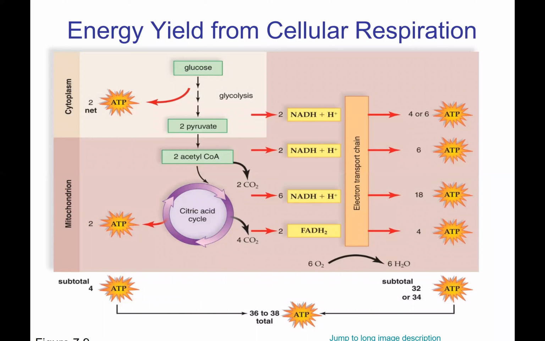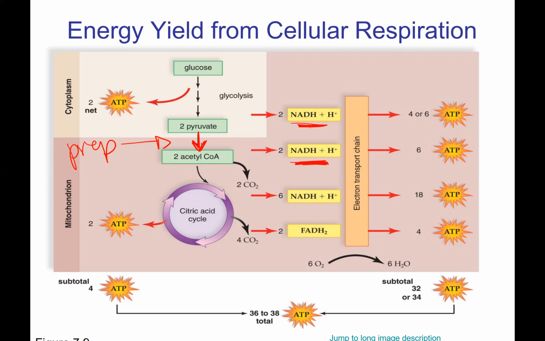So this is basically an overall picture. This is a really, really good photo for you to look at and study. So glycolysis, glucose creates pyruvate and 2 ATP. The prep reaction, we could say, is right here. Pyruvate creating acetyl-CoA. We don't get any ATP, but we do get these electron carriers, right?